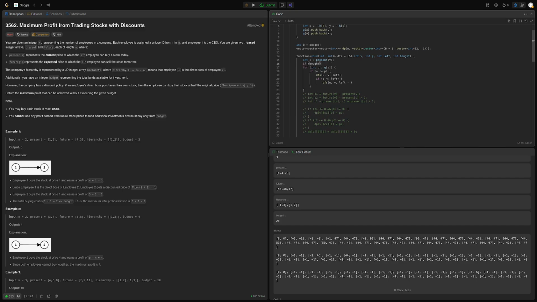If bought, then let's divide cost by 2, and then profit is equal to future v minus cost. And now if the cost is less than what we have left, so we did not buy here anything, and then left minus cost and 1.